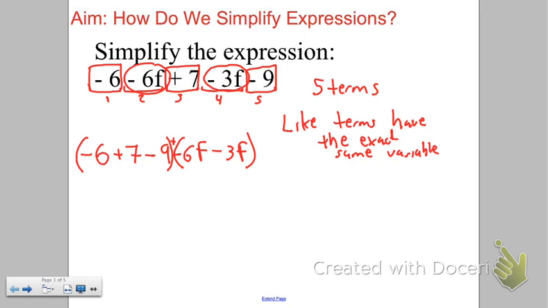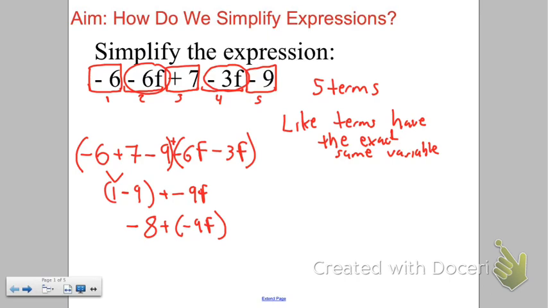Now I'm going to combine all my like terms inside the parentheses. -6 plus 7 gives me 1, and 1 minus 9 gives me a -8. Bring down my plus sign. -6f minus 3f is a -9f. So I have plus a -9f.